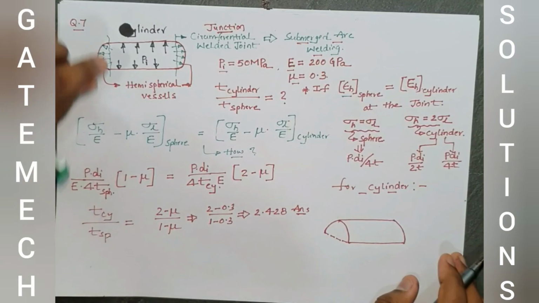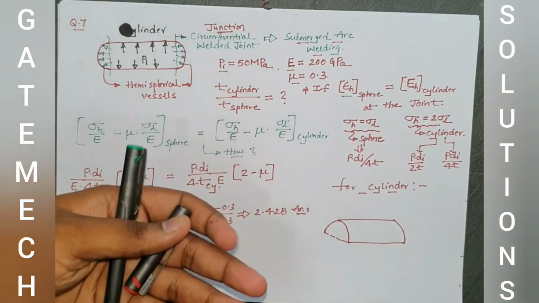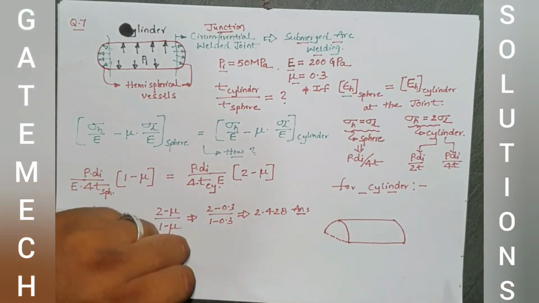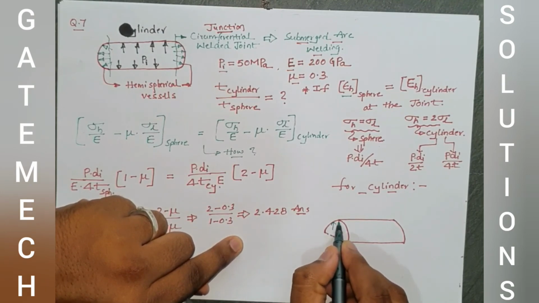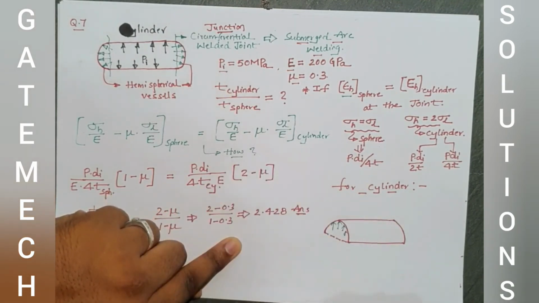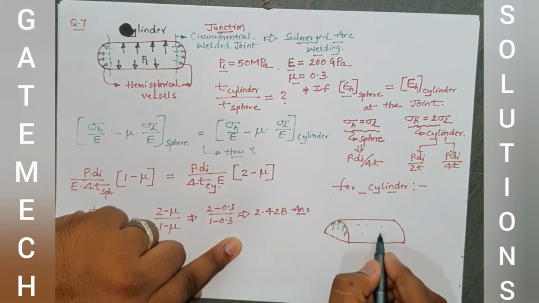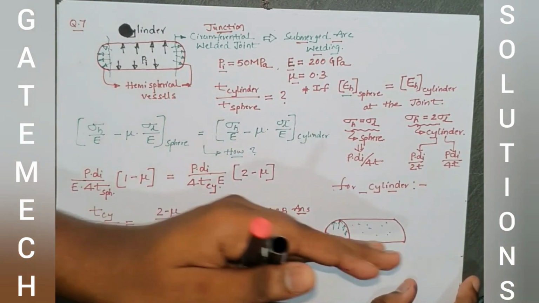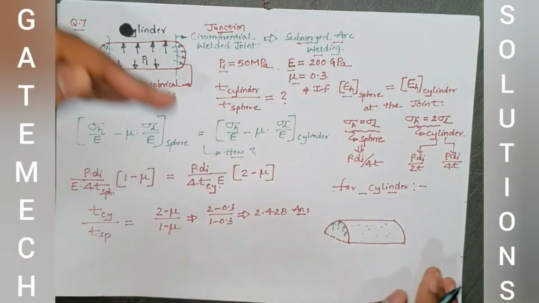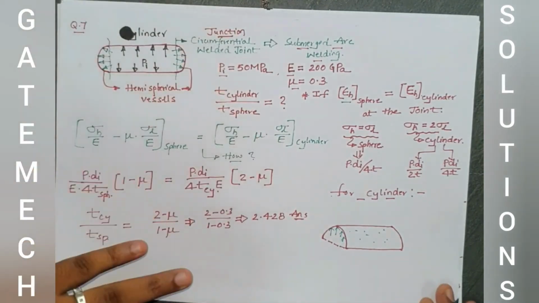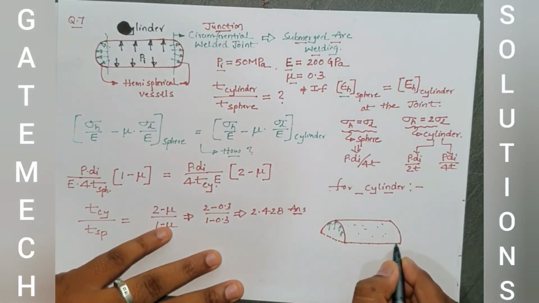This is the half part of the cylinder. As we already know, the pressure force is acting over that half of the curved surface. Because of the pressure force, the cylinder wants to burst in this direction. But the material will offer some resistance.